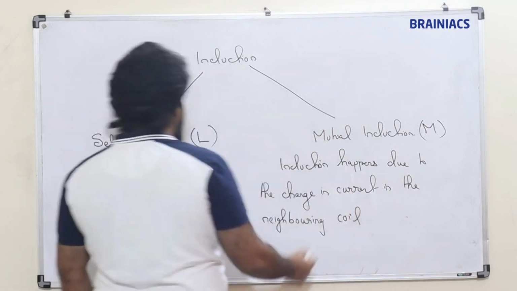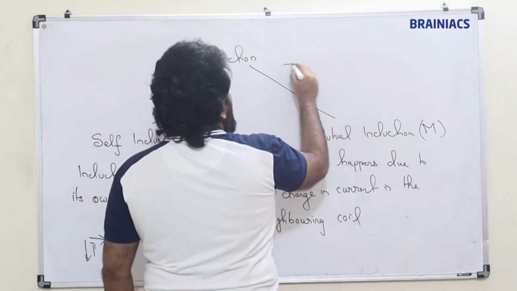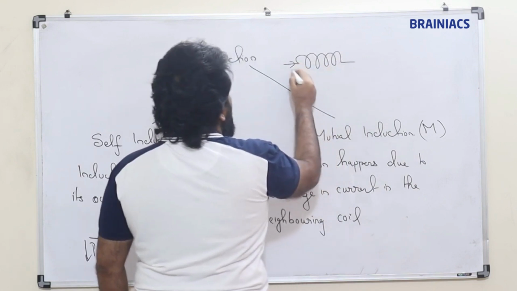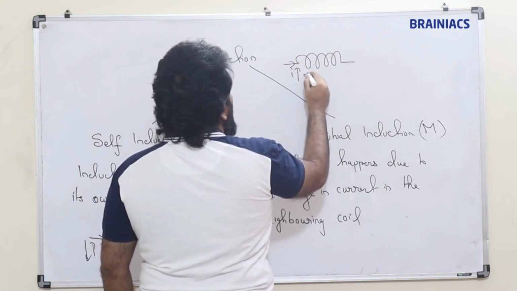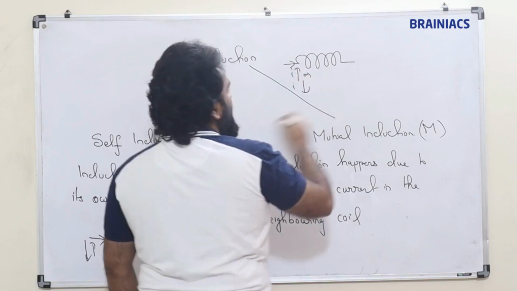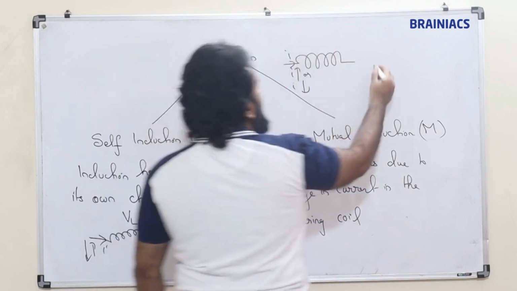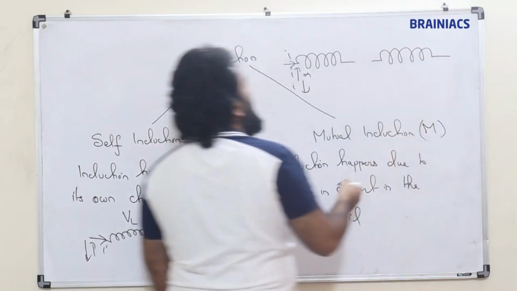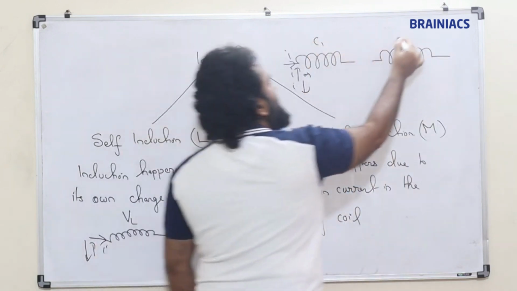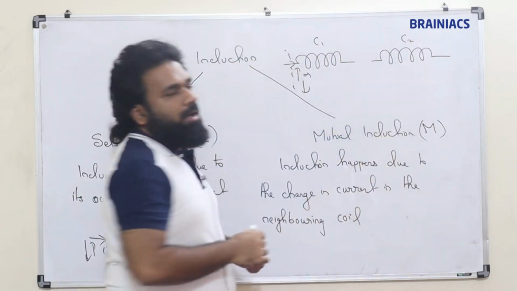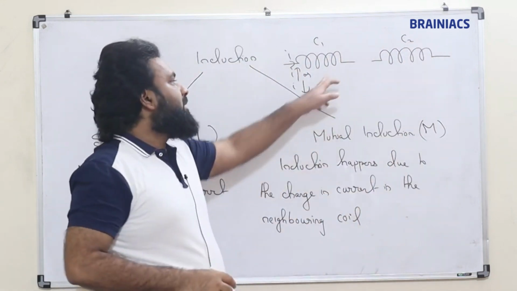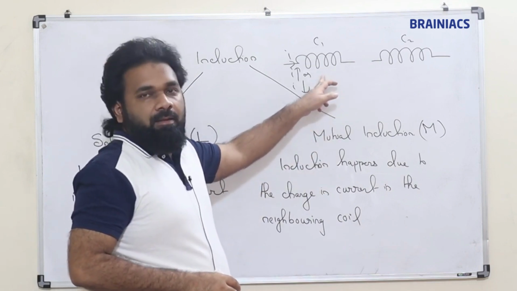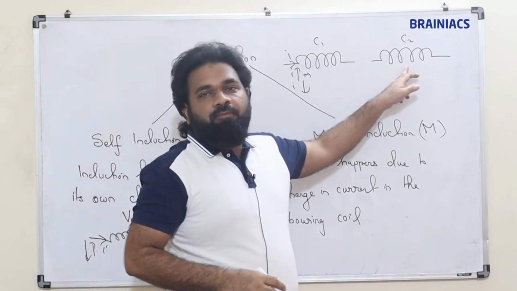So, example I'll draw here. This is a coil, and current is increasing or decreasing here. Now here there is another coil. So this is coil 1 and this is coil 2. Now due to the change in current here, there will be an induced EMF here.